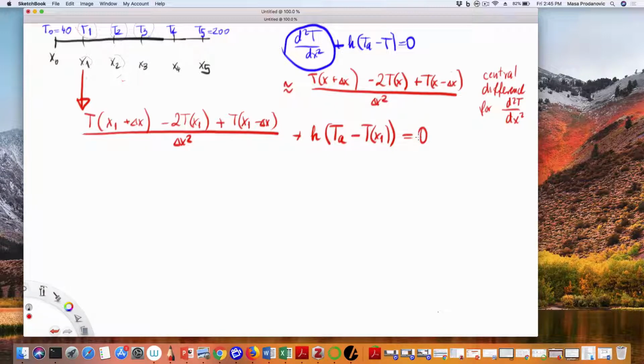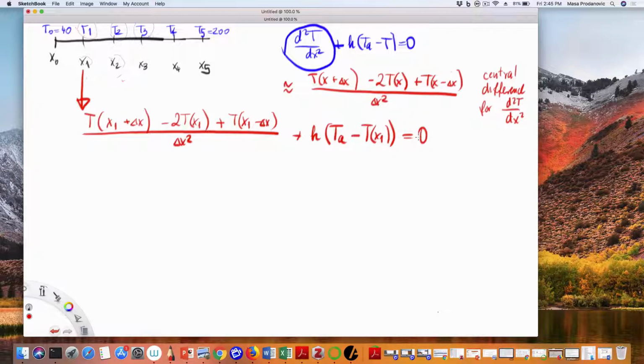At that location, t of x1 plus delta x minus 2t of x1 plus t of x1 minus delta x divided by delta x squared, plus that second term, h times ta minus t of x1, is equal to 0. Everybody good? So I applied the discretized equation at this first location x1. Guess what? I'm going to do that for all four. And that's going to give me equations.